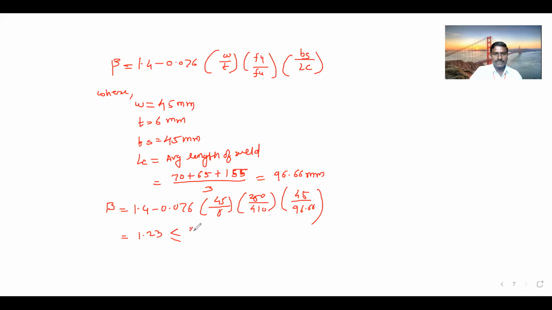fu into gamma m1, sorry, gamma m naught, and fy into, so I think this is 1.44, correct?